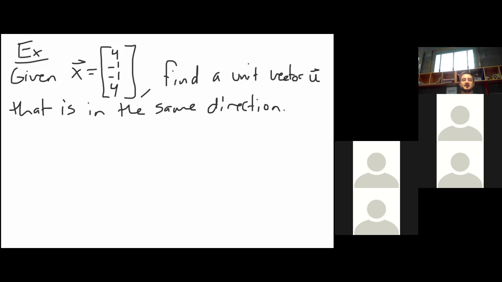So this is where we just need to take that unit vector and set it equal to 1 over whatever the norm of this x vector is, and multiply all of the entries of my x vector by 1 over that norm. So we've got 2 steps: calculate the norm and then figure out what this new vector u is going to be.